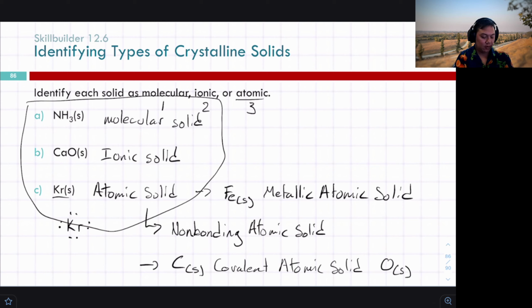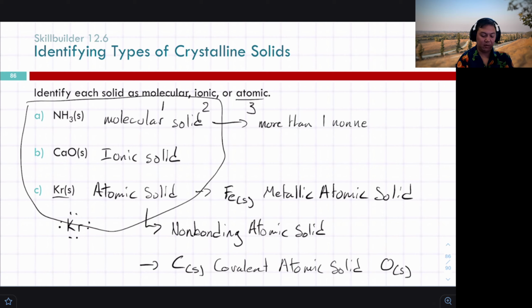So the rules for these again would be it's a molecular solid if it's more than one nonmetal. And then it's an ionic solid if it's a metal plus a nonmetal.